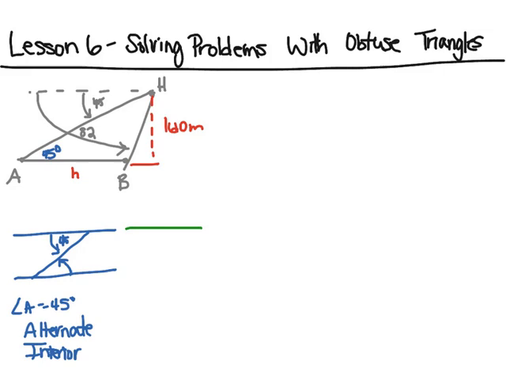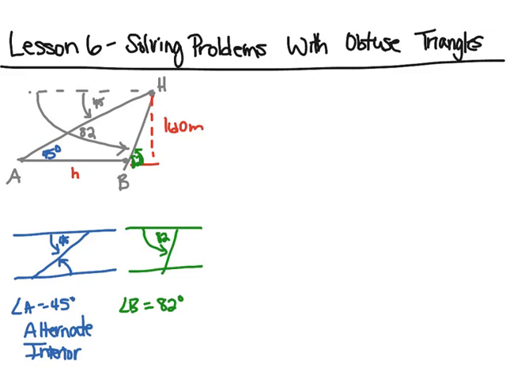We also have this parallel line cut, and we know from here to here is 82. So that means from here to here is also 82. So angle B on the outside is 82 degrees.